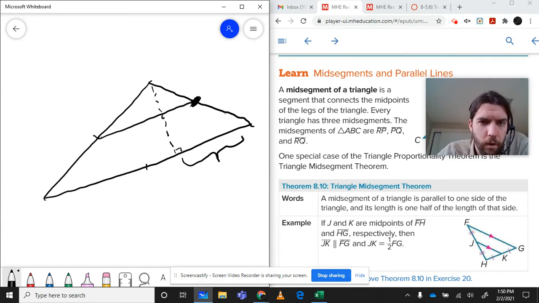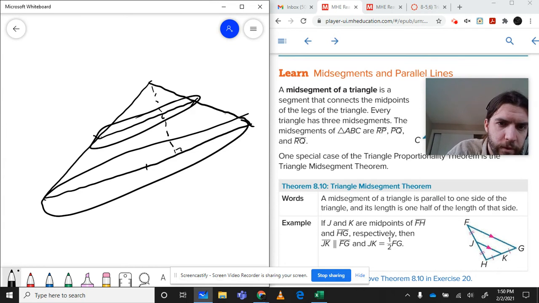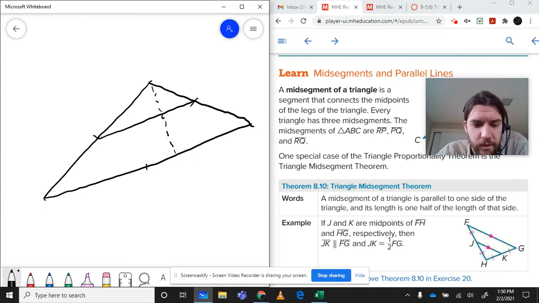So overall, when we put these two together, they should be half of when we put these two together. That's our mid-segment idea. So we connect two midpoints and we get a line that is half as long as the line it is parallel to.